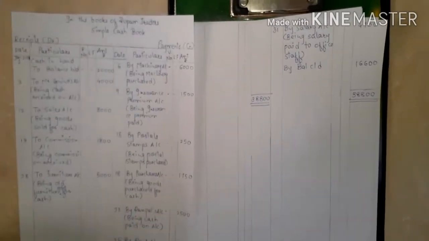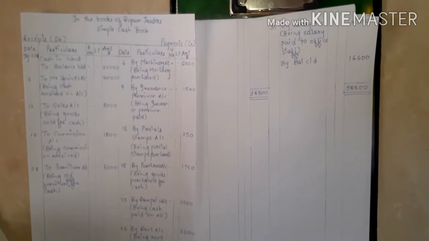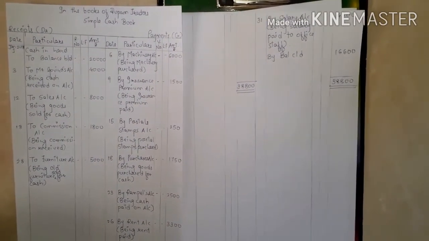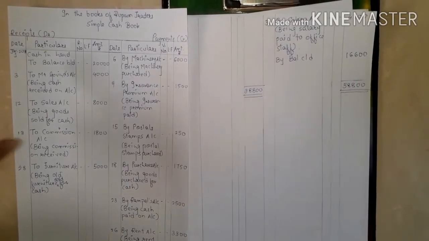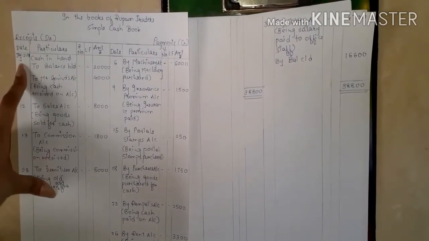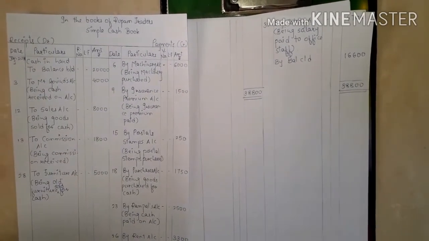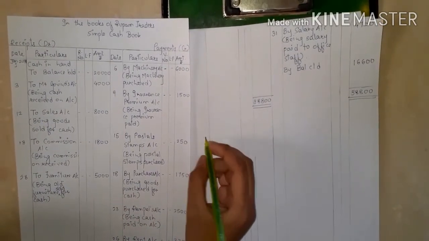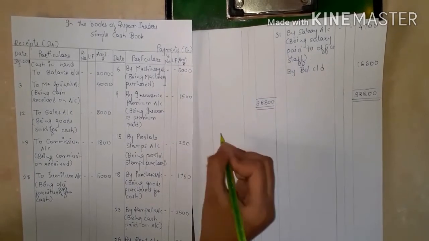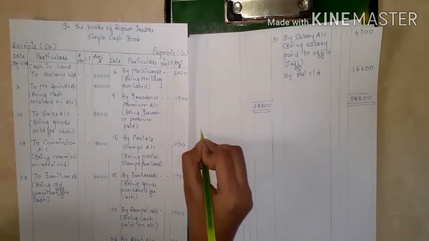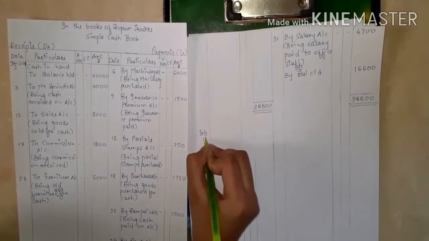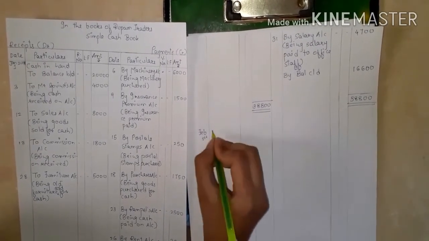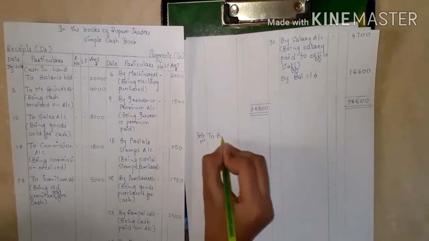So I will write down when this Rupam Traders financial year started on January 1st, 2011. We have already calculated here. So in next month of February, 1st February, I will write here February 1st, 2011. This is going to be a balance brought down.